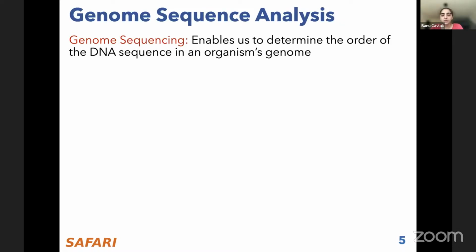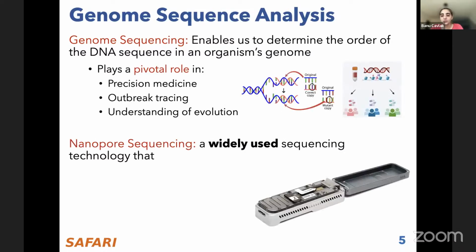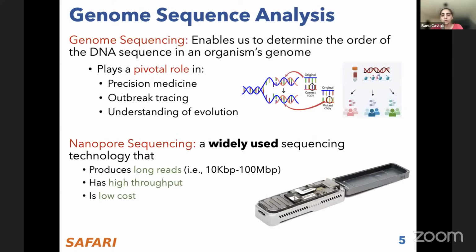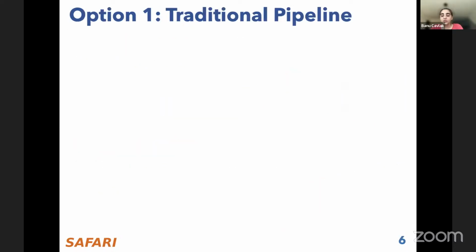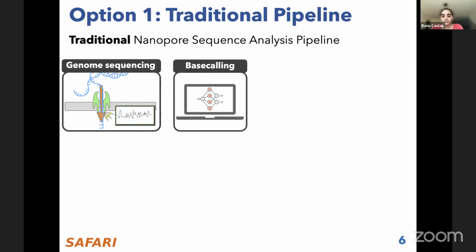As John said, genome sequencing is important in many areas, and nanopore sequencing is a widely used sequencing technology that has long reads, high throughput, and low cost. A traditional nanopore sequencing pipeline starts with genome sequencing, where the reads are passing through a nanopore, and as this is happening, nanopore sequencers are generating a raw signal.